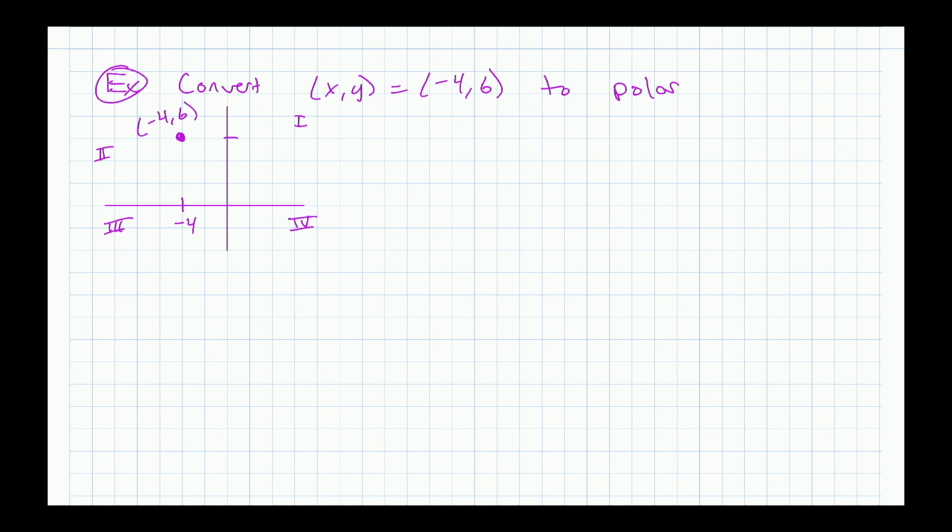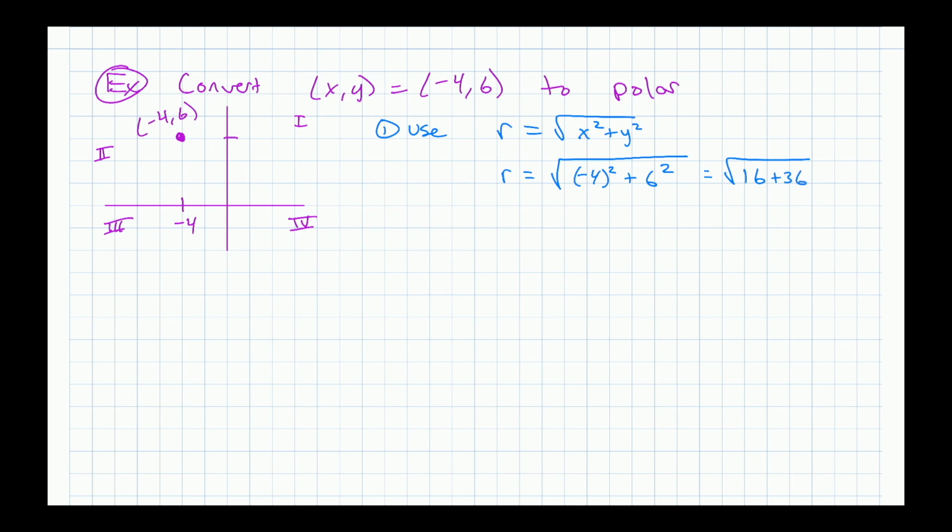So let's try to find these coordinates. We're going to use r equals square root of x squared plus y squared to get the r. We just substitute in the x and the y. That's easy: (-4) squared plus 6 squared. So it's going to be the square root of 16 plus 36.